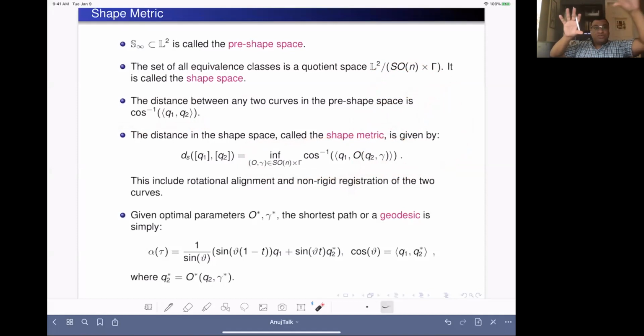We don't need to do translation, we don't need to do scaling, but we have to do the rotation, and we have to do the reparameterization, which tells us what is the best registration. And once we have solved best rotation and best reparameterization, then we have a way of finding the shortest path between any two points in this space.